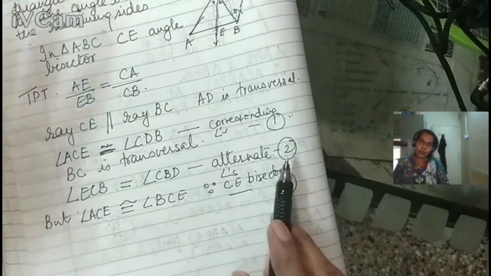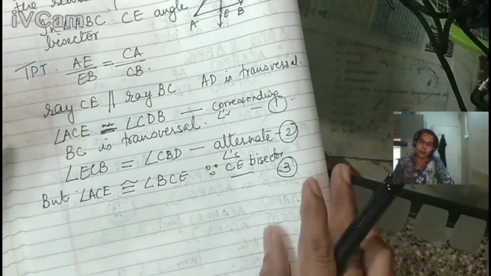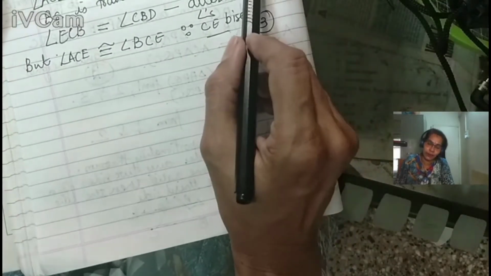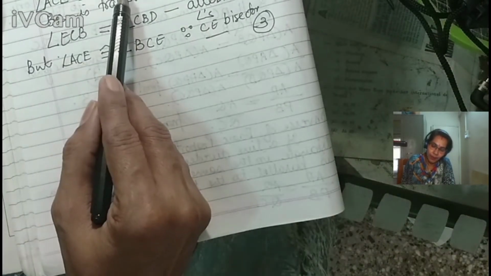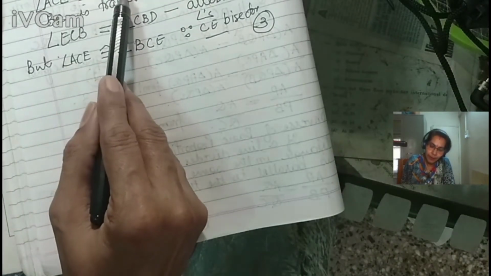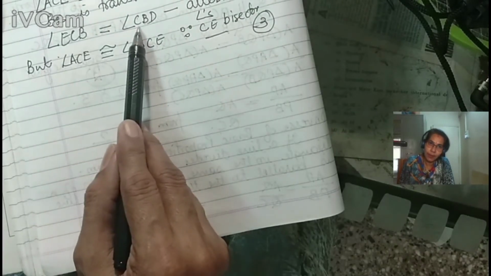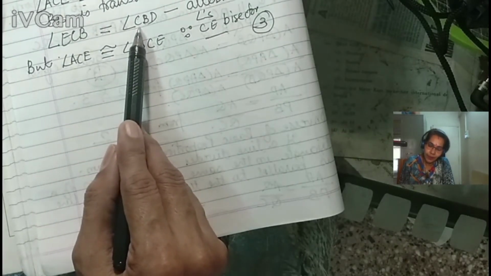If you go to look, statement number 1, 2 and 3. ACE is congruent to CDB or equal to CDB. ECB is equal to CBD.